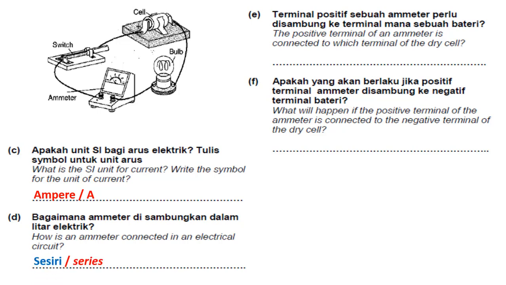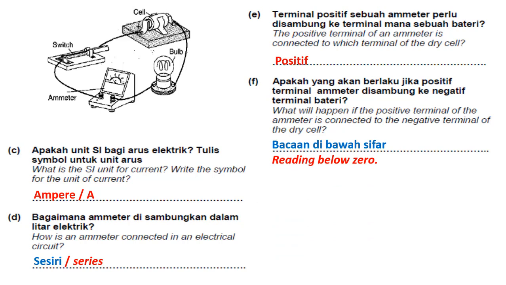They are connected in series. The positive terminal of the ammeter is connected to which terminal of the dry cell? It should be positive, positive to positive. What will happen if the positive terminal of the ammeter is connected to the negative terminal of the dry cell? The reading will be below 0.